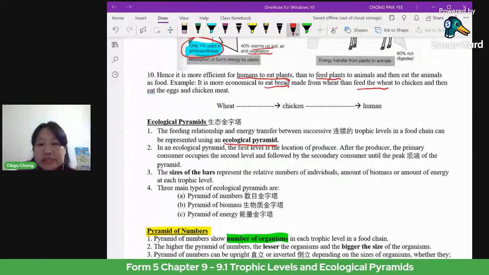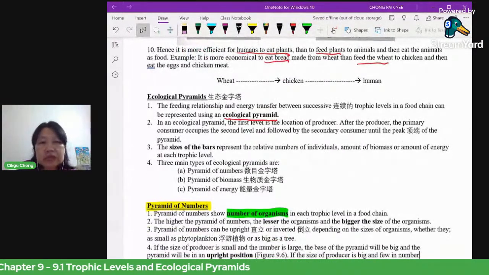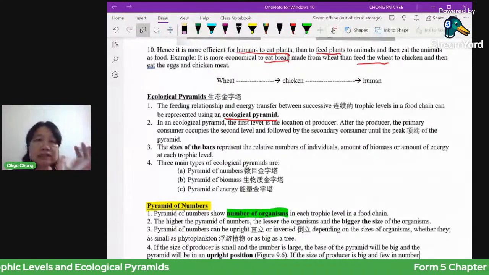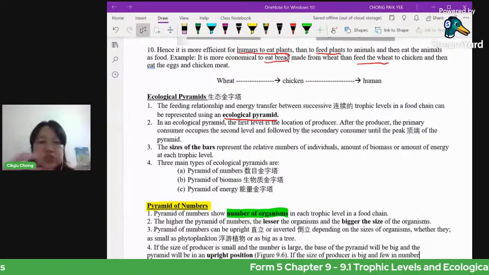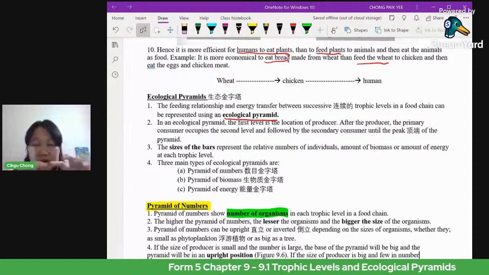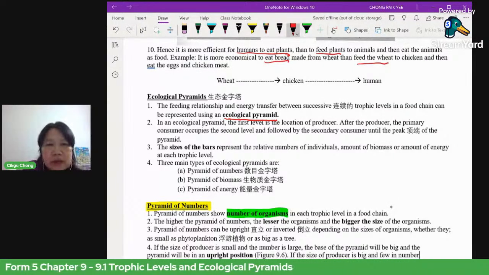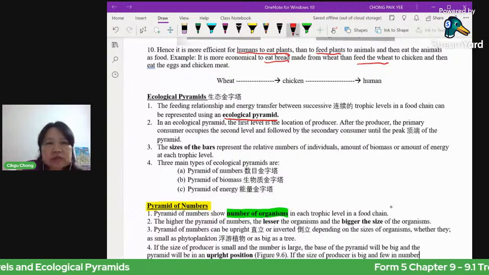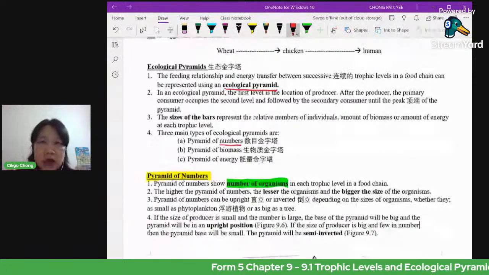So there are 3 types of ecological pyramid, and usually the shape or the size of the pyramid will show how much there is, the size of the bar, how long or how big the bar is. Okay, there are 3 types. One is called pyramid of numbers. You only talk about the number of the organisms. If there are many, the number will be bigger. If there are very few, then the number will be smaller.